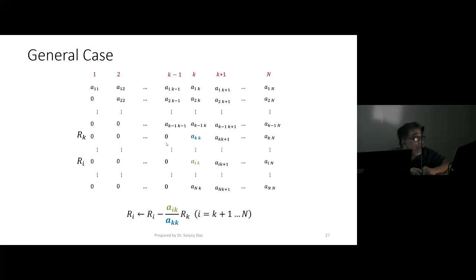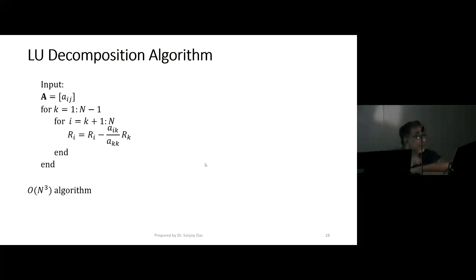In my kth step, I'm using elements a_kk through a_kn, this portion of the row k, and then scaling it up, and then subtracting it from each row i below row k. So I must go from k plus 1 through n. Okay, and so this is my basic LU decomposition algorithm.